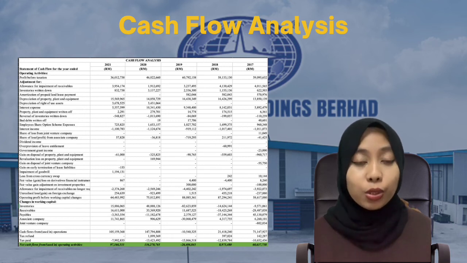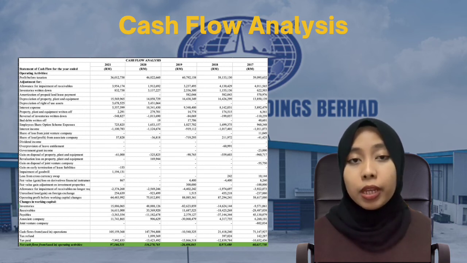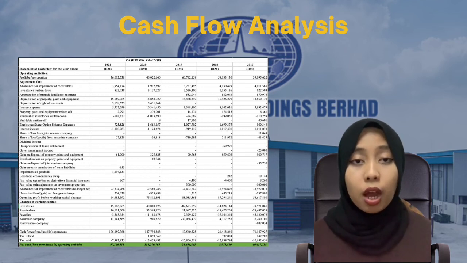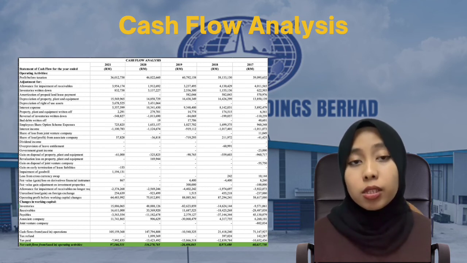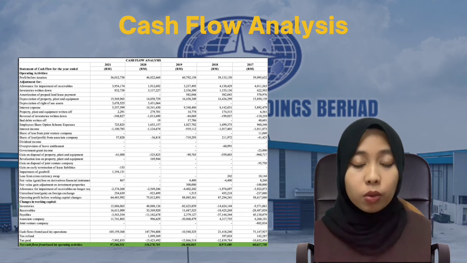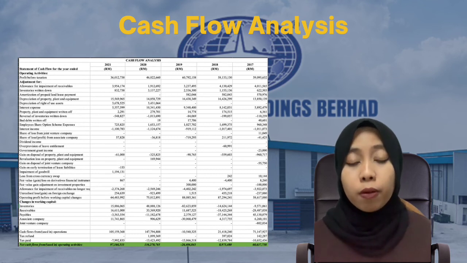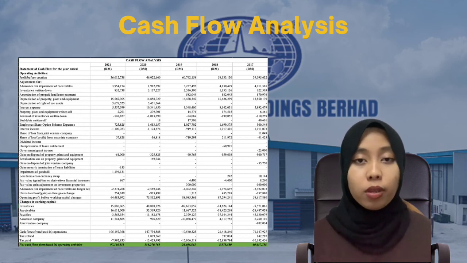However, in 2019, the company incurred more cash outflow, where it dropped to a negative value, because the company is using a bigger amount of cash to pay the suppliers and also employees.